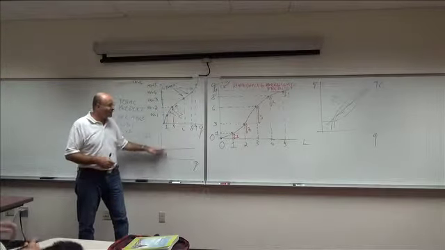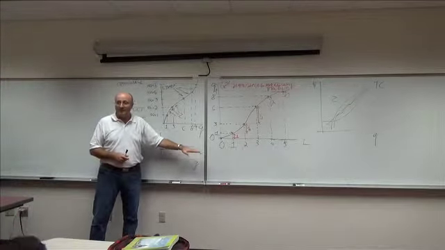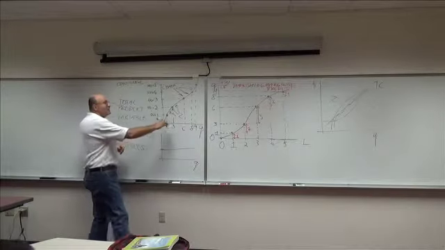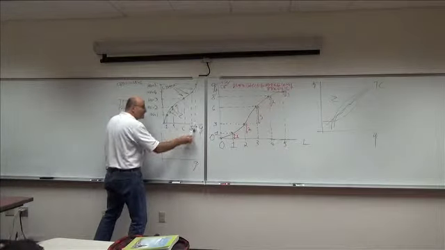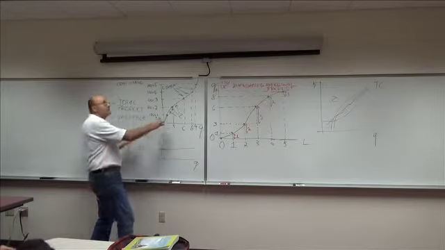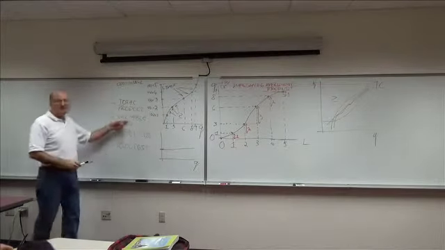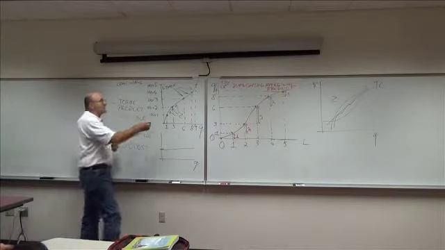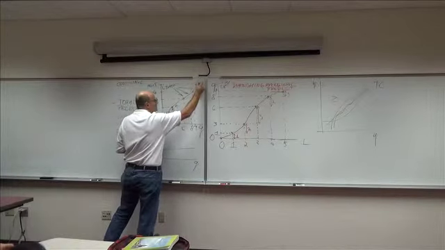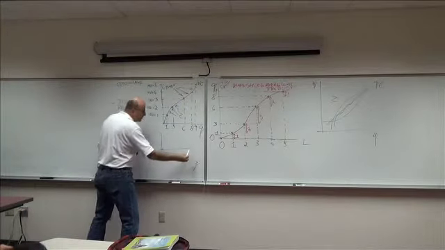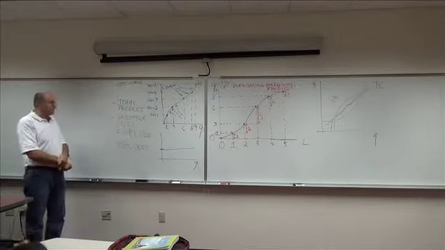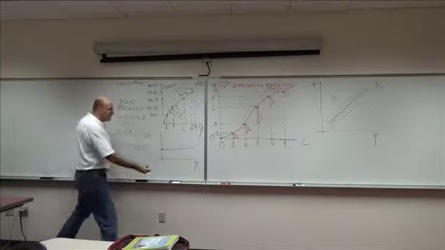Other costs look like that. In other words, some costs rise with quantity produced. They vary. They're variable. Okay? So some costs are variable. Other costs are not variable. What do we call them if they're not variable? Fixed. We call them fixed costs.